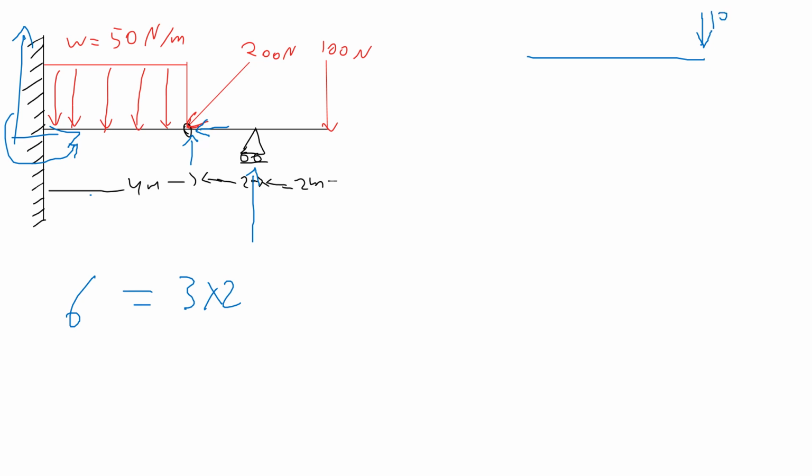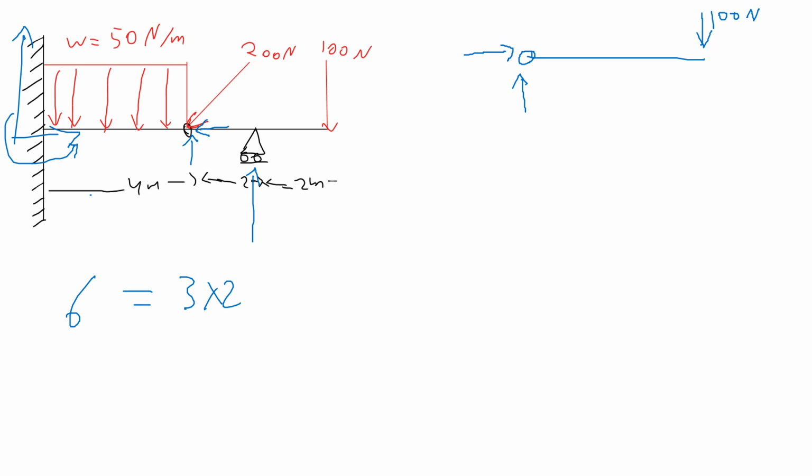So this is 100 Newton, and here we got the joint, and in this place the reaction is going to be this way, and this reaction is going to be this way. Because the reactions must cancel each other, so that the structure is statically determinate.